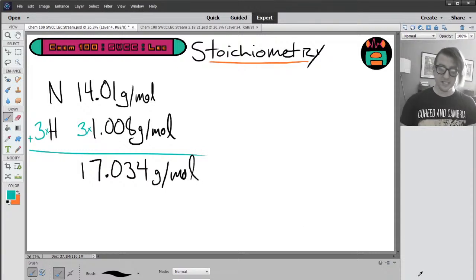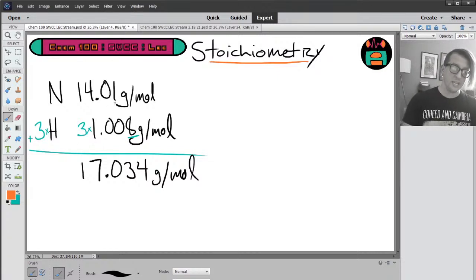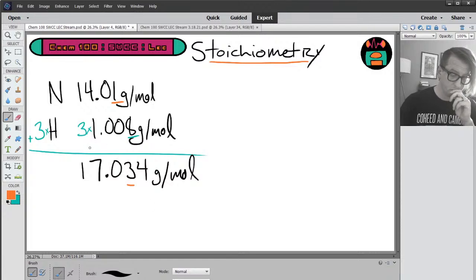When you look at the sig figs for this number, 1.008 has its last significant digit in the 3rd decimal place. 14.01 has its last significant digit in the 2nd decimal place. So this number's last significant digit needs to be in the 2nd decimal place. So I'm going to put a line there to remind myself that this value has 4 sig figs.